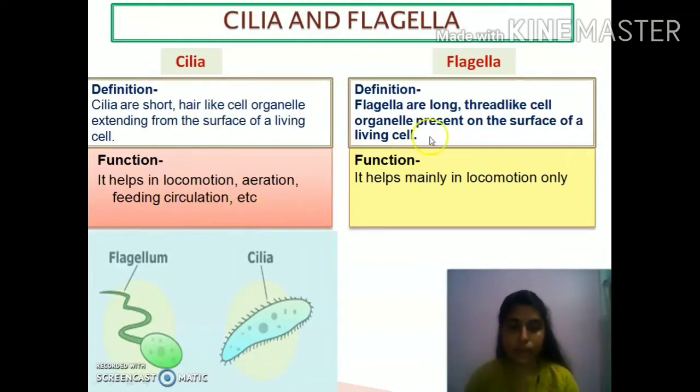Now, flagella are long, thread-like cell organelles which are present on the surface of a living cell. Here is a diagram. If this is a cell, then this tail-like structure is termed a flagellum. You can see the basic differences between cilia and flagella from the diagram itself. Cilia are very small hair-like structures, while flagellum is the singular term for flagella.